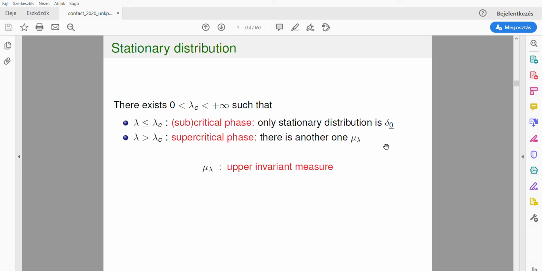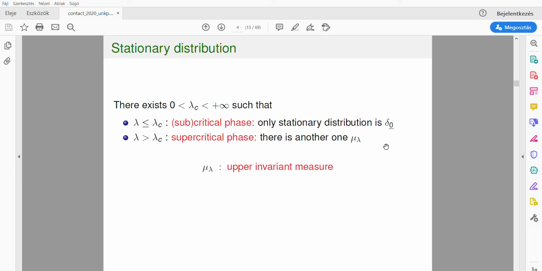So this is the well-known concept of convergence to stationarity in Markov chains, and it does happen here, especially if you start from the state where everyone is infected. But if lambda is less than or equal to the critical threshold, so if the infection parameter is small enough, and you start from the state where everyone is infected and you run time, then the infection will kind of go away.